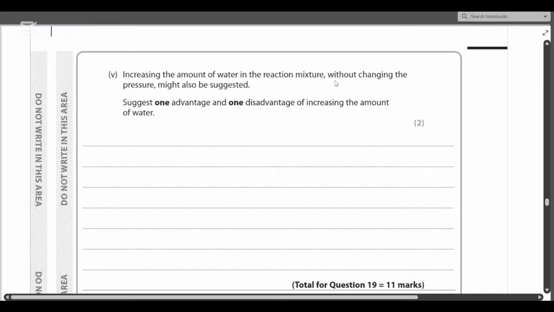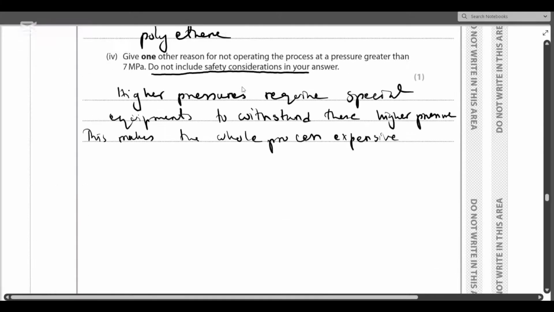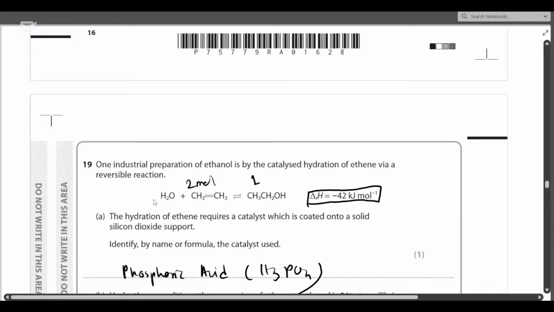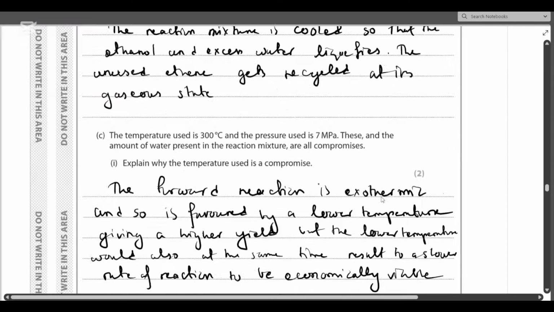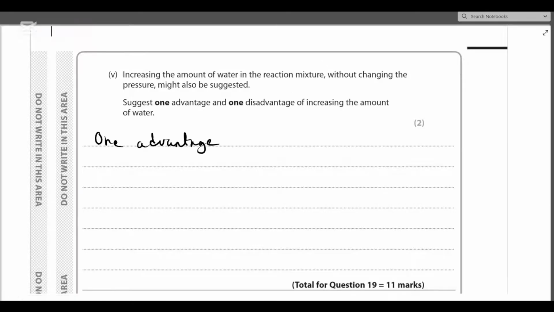Increasing the amount of water in the reaction mixture without changing the pressure might also be suggested. Give one advantage and one disadvantage of increasing the amount of water. Well, one advantage we can clearly say is that it pushes the equilibrium to the right because one of the reactants is, of course, water. So obviously it's going to shift the equilibrium to the right at the lower concentration side.